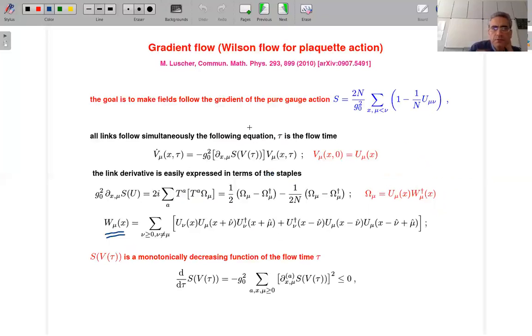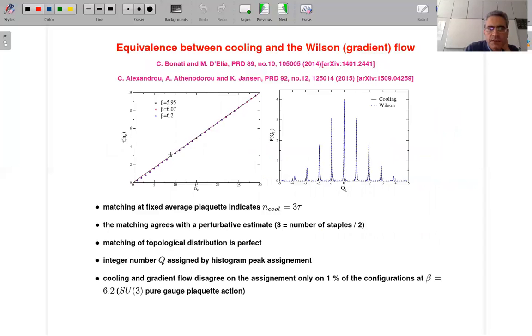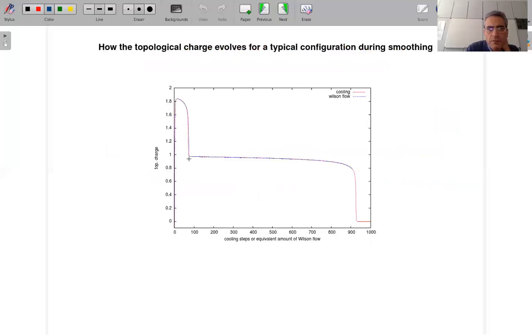As the time goes on along the horizontal axis, I'm integrating these flow equations, which move the configuration towards a minimum of the pure gauge action. Equivalently, I'm performing a local minimization process, which changes the gauge link variables step by step, going towards the local minimum of the action. I didn't plot the plaquette action in this case, but it goes to zero rapidly, or very close to zero, because you are minimizing the action density.